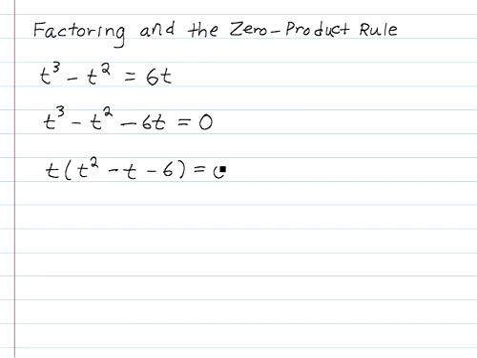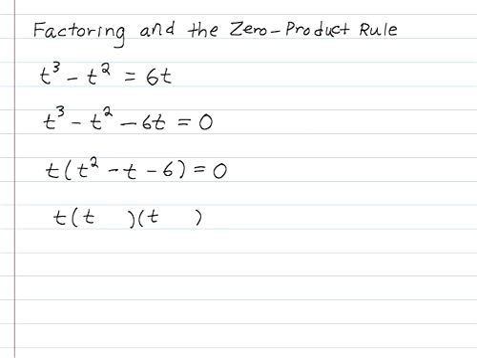So in order to factor this quadratic that's inside the parentheses, what I want to do is come up with two numbers that, when multiplied together, give -6, and when added together give -1. So the -6 is the constant term, and the -1 is what's multiplied by the term in the middle, in this case t.